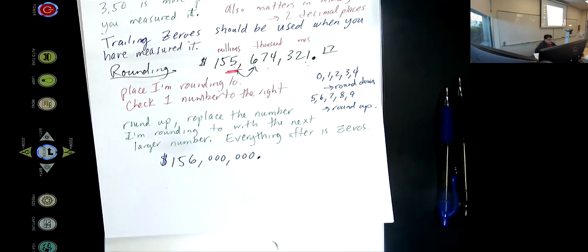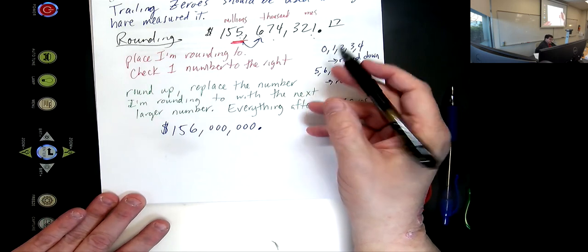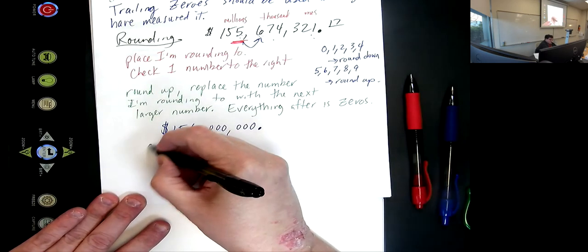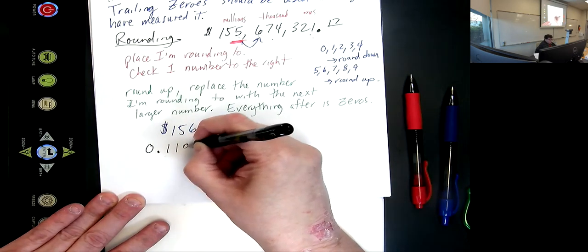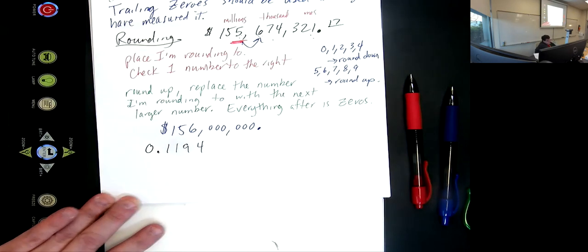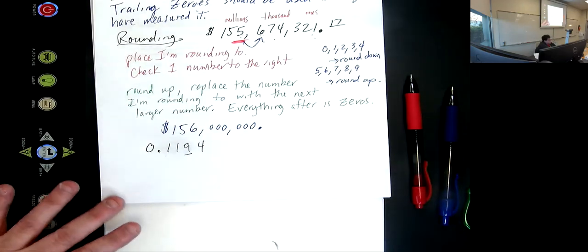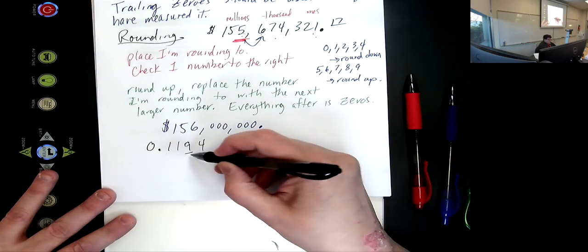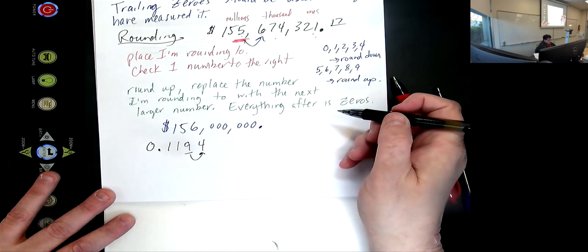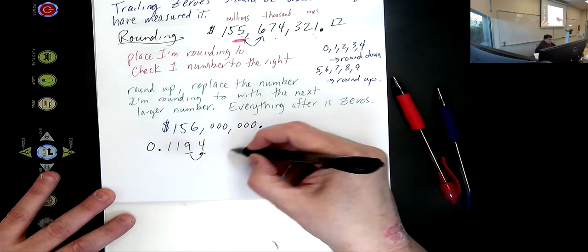All right, so when we're doing decimals, stuff's a little bit different. If I'm going to round 0.1194, and I want to round to this place, I check this number over here. It's less than 5, so 0 through 4, which means I round down.